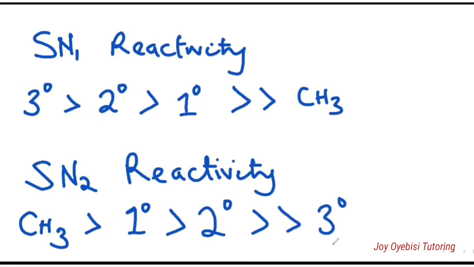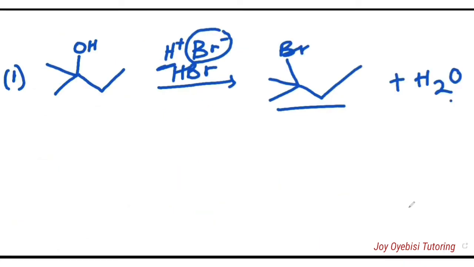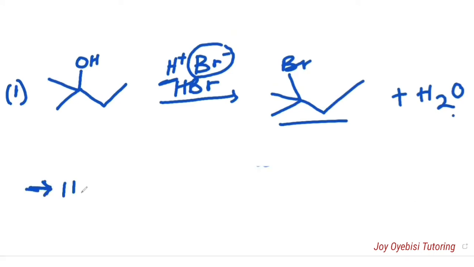So this is one way to know the mechanism you are going to proceed with. The second way is also to look at the solvent phase that you were given. So SN1 reaction would proceed with a weak base, is water and alcohol, the favor SN1 reaction.